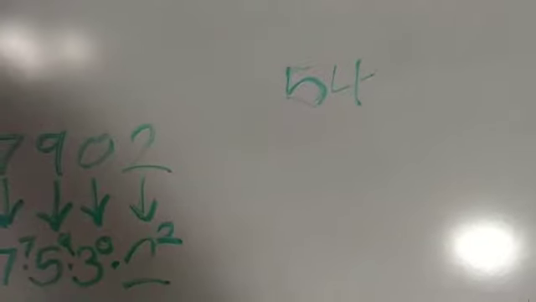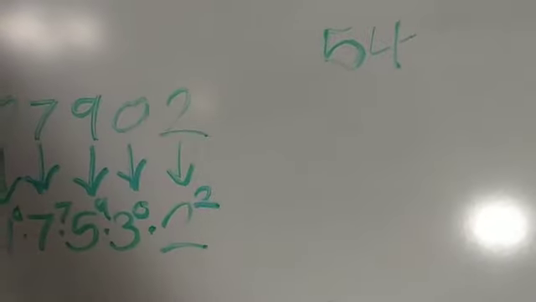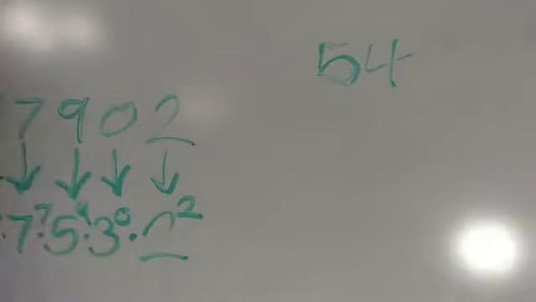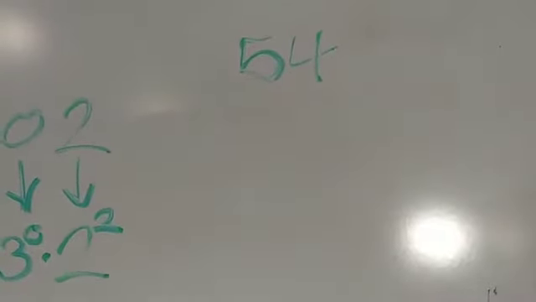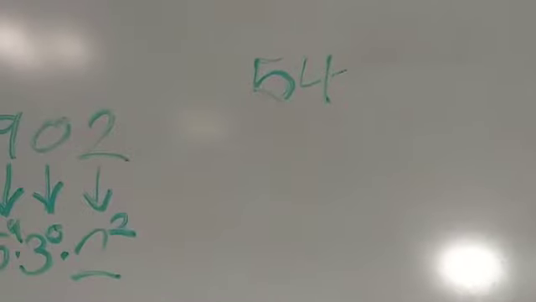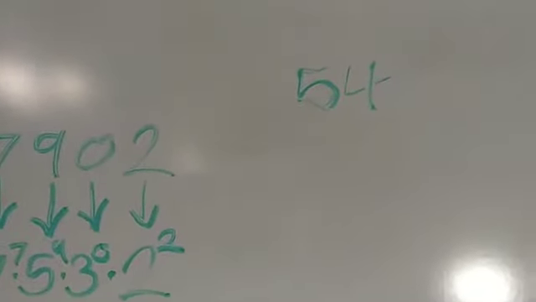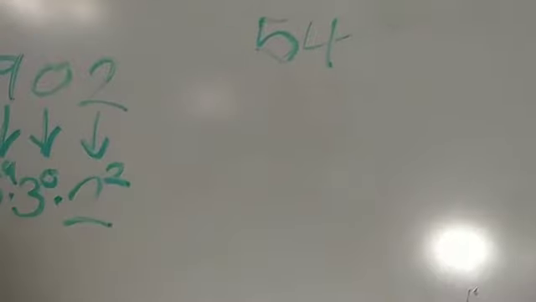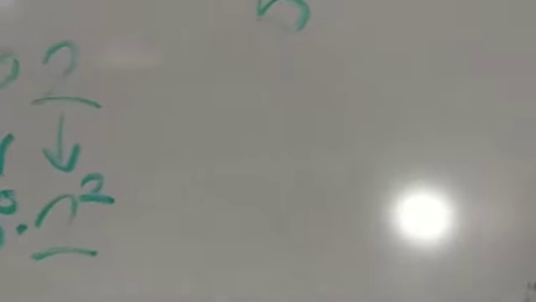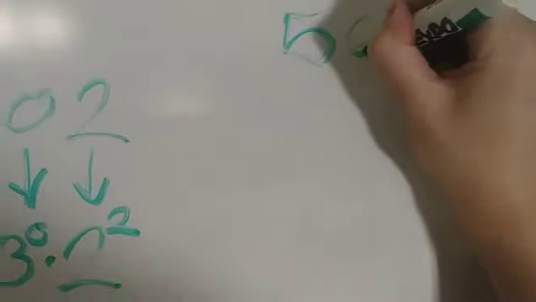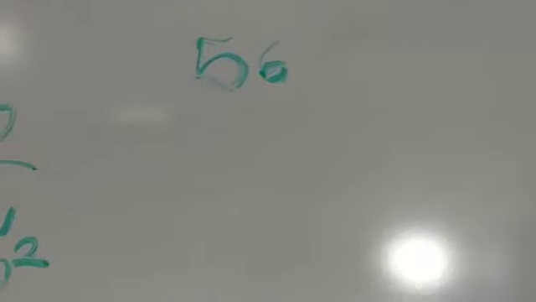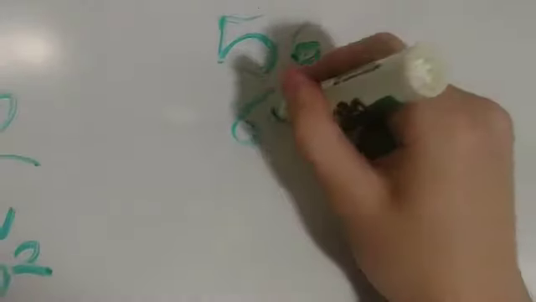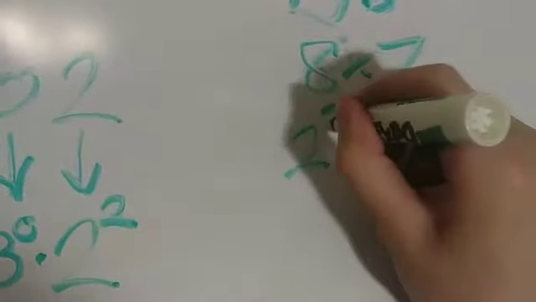is, let's see, 8 times 7? No, it's 9 times 6. Well, we'll just do 56 because that's 8 times 7. 56 is 8 times 7. 8 is 2 cubed.